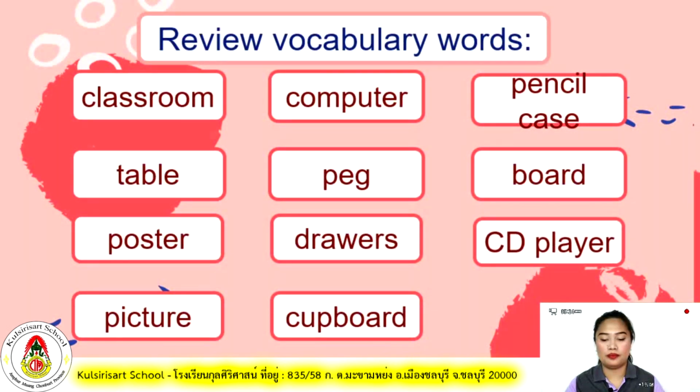Okay, let's read again. We have classroom, table, computer, peg, pencil case, board, poster, picture, drawers, cupboard, and CD player.